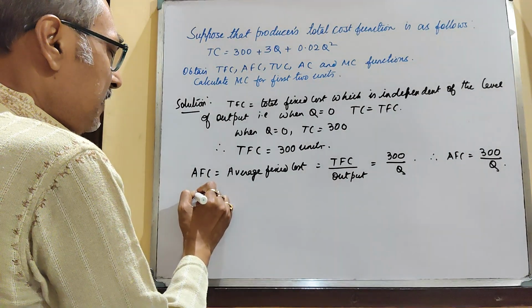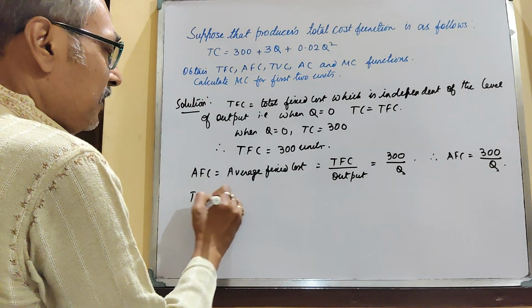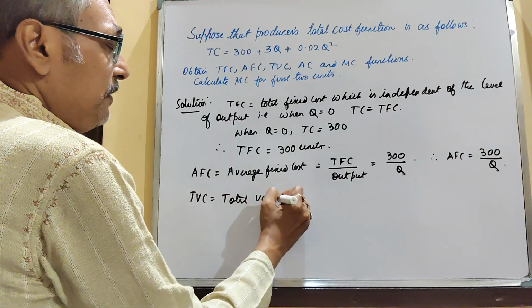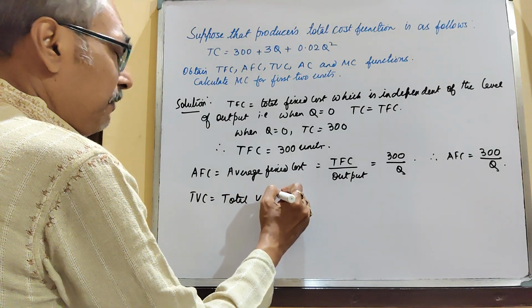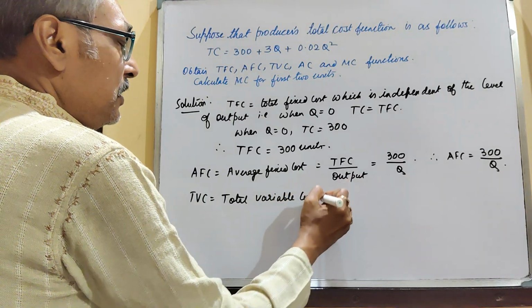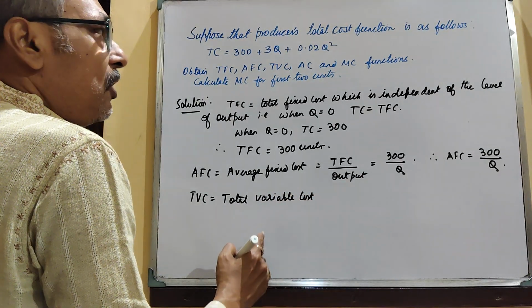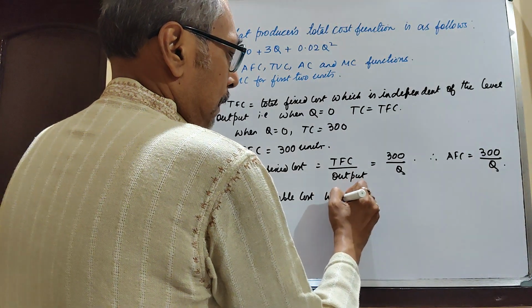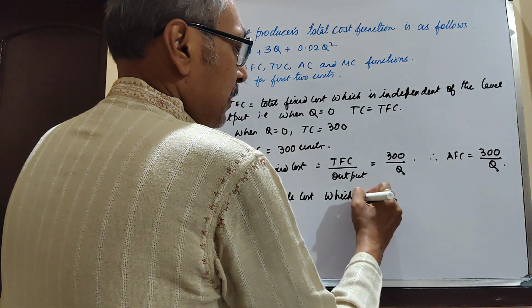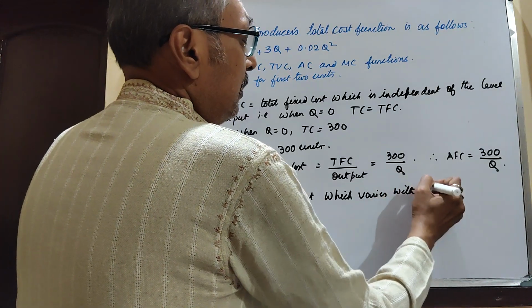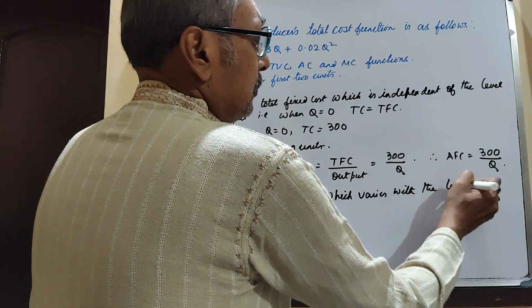Now TVC, total variable cost. What is TVC? Total variable cost is the cost which varies with the level of output.